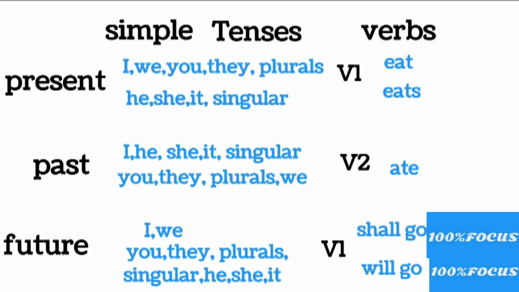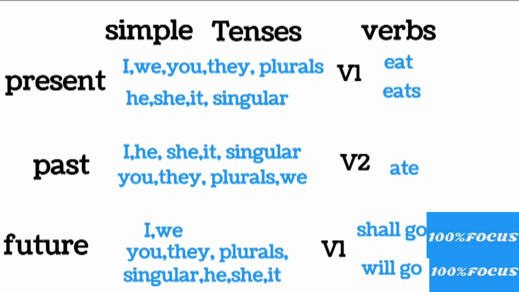And for the future, V1 form. For the future simple, we are going to use V1 form, with the addition of shall and will. For the subject I and we can add shall. And for you, they, singular, plural, he, she, it, we are going to add will.